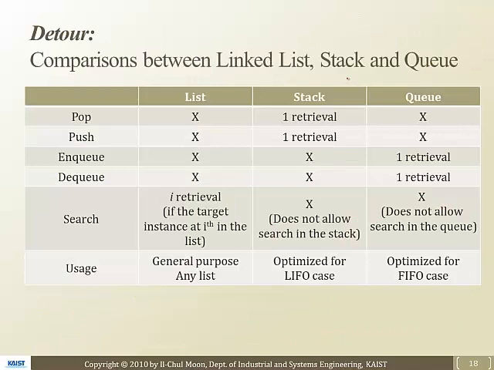So actually, what we have been doing is that we compared the efficiency of the list, stack, and queue in the previous lecture, previous week. And this was the table, and we just counted the number of retrievals, the number of iterations for each operation, right? After we learned how to formally analyze algorithm efficiency, we can turn these counts into big O notations, right?